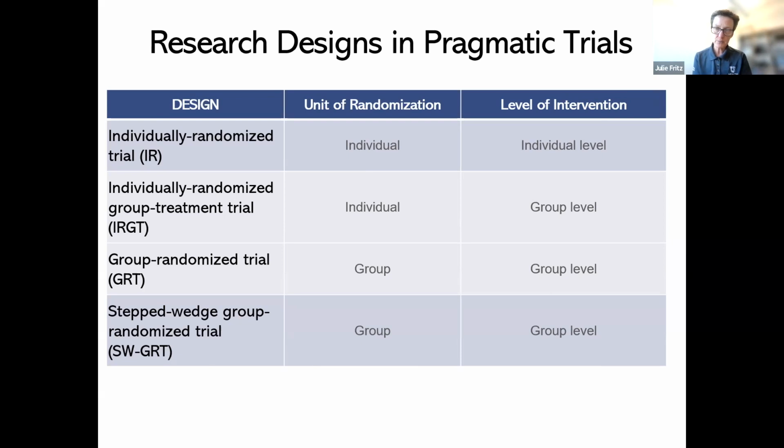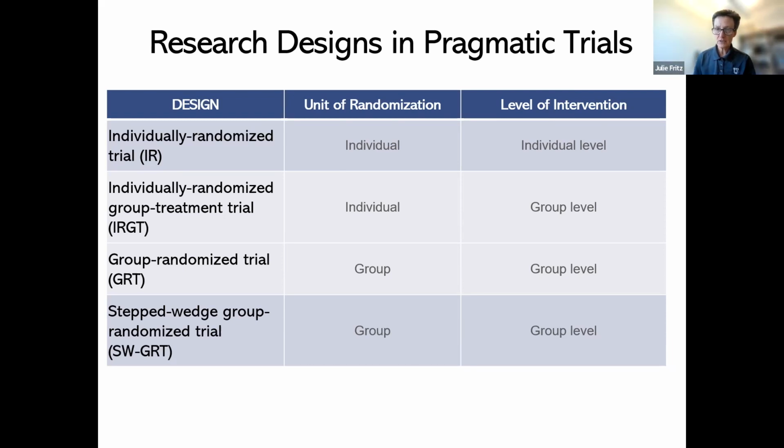But there are often times in pragmatic trials where we randomize groups to a group-level intervention. So this might be a clinic that's randomized to receive a certain kind of training for all the therapists who work in the clinic setting, or a hospital. We obviously can't randomize individual participants in those kinds of circumstances.